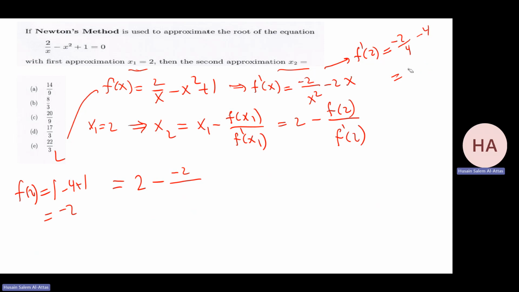I mean, what is this? This is minus half minus 8 over 2. So it's minus 9 over 2. So this one over minus 9 over 2. So that will be 2 minus 4 over 9, sorry. Minus, minus, minus, so it's minus. That will be what? 18 minus 4, 14 over 9, which is this one.